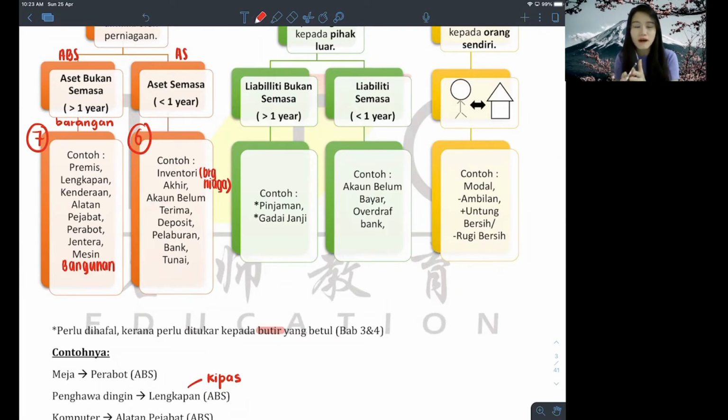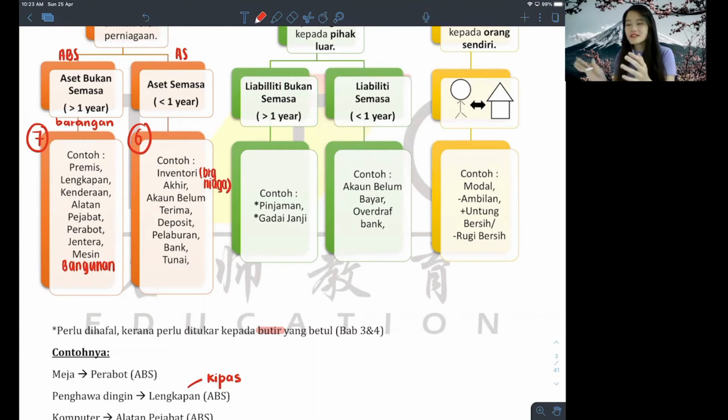All right, so asset semasa, we have inventory arcade, that's a barang niaga. So that is the only barang. But why is it under asset semasa then? You think barang niaga is the things that you sell. If you sell clothing, baju, okay, then will he keep it for more than a year? Now, obviously not, because barang niaga are things that help you generate cash flow, generate sales.